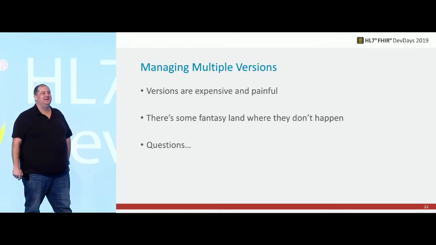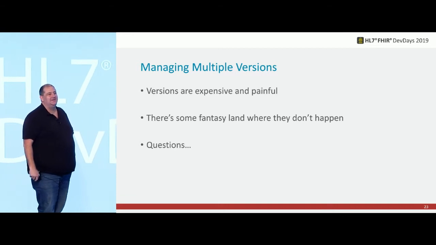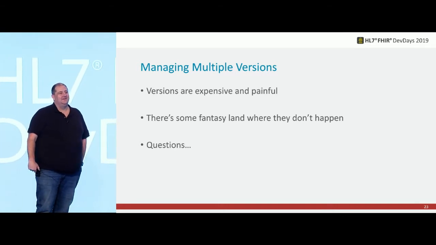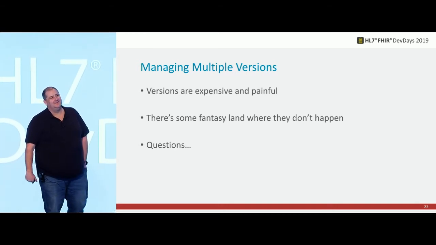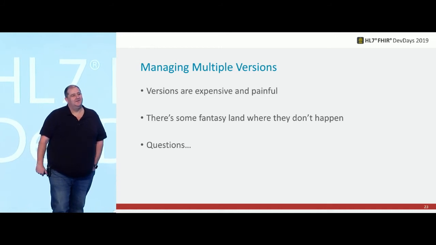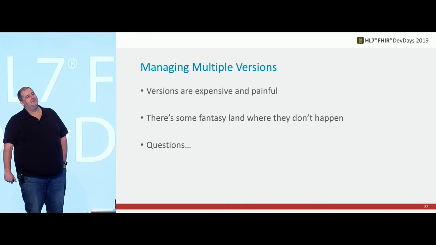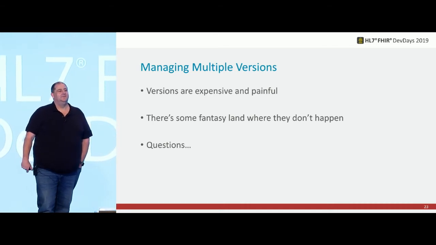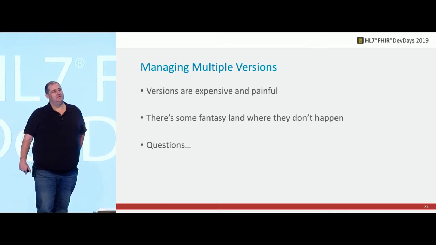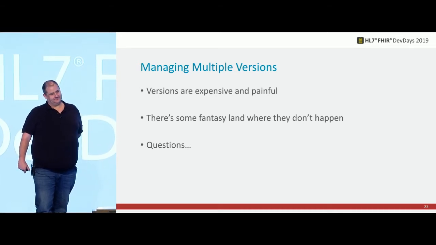Curiosity, when you're doing those conversions, and let's say that DSTU2 has the value set 1, 2, and 3, and version 3 of FHIR has A, B, C, D. The concrete example I'm thinking of is allergy and tolerance, criticality.